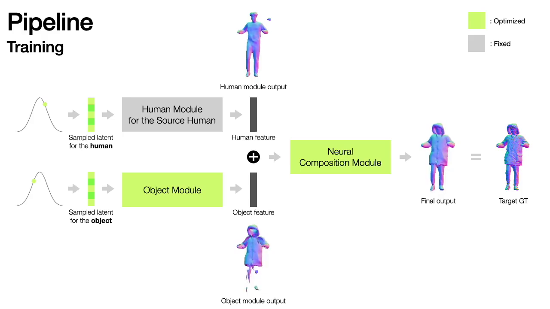We then jointly optimize the latent codes of the human model and a separate generative model for objects to best explain the 3D scans of the source human with objects. While the human model accounts for state differences in poses and clothing, the object-only module learns to synthesize the residual geometry as a separate object layer in an unsupervised manner.